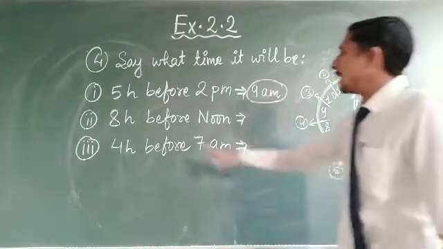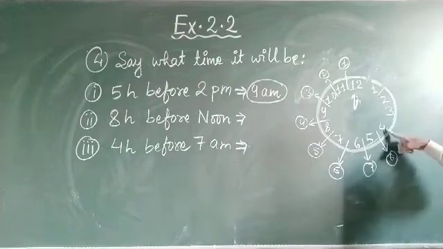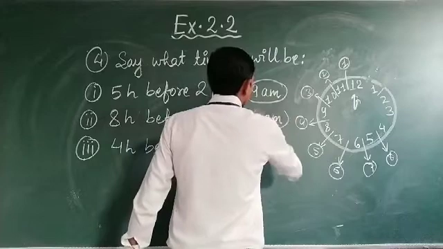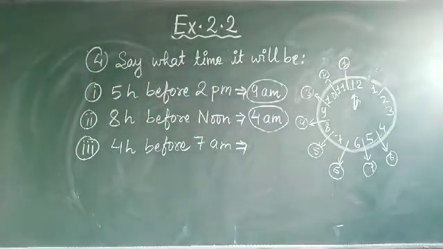So 8 hours before noon is the time 4 a.m. So we have to write 4 a.m. So 8 hours before noon is 4 a.m.